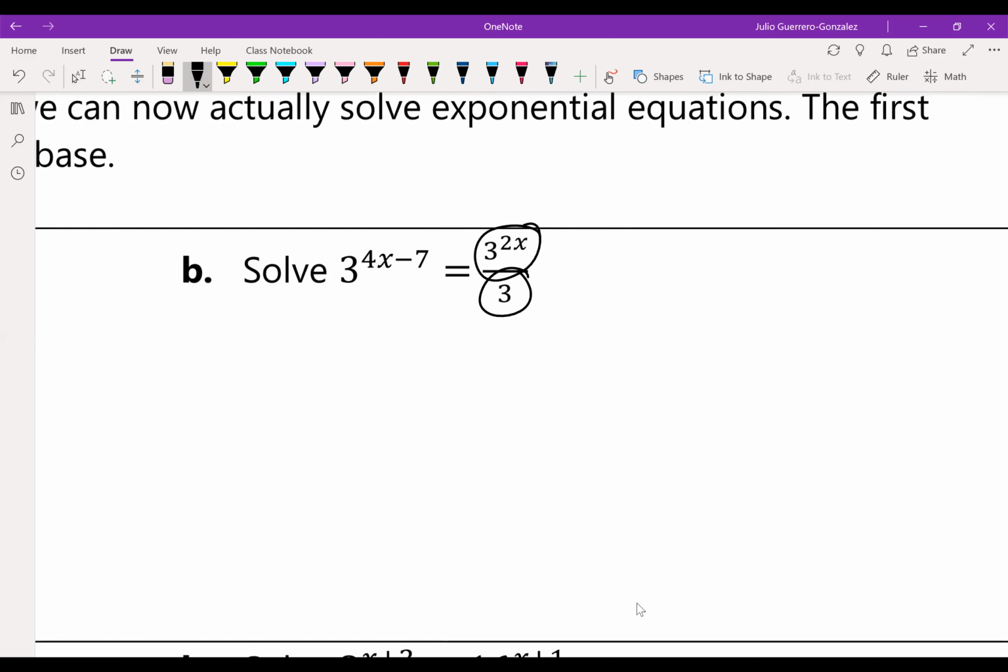If you have a division like this, I'm going to use my exponent rule. So this is now 3 to the 2x minus 1, using a to the b over a to the c, that exponent rule from maybe about a week or two ago.